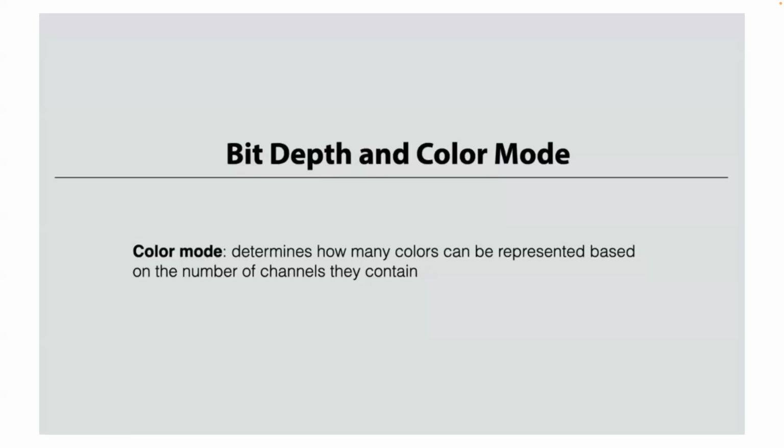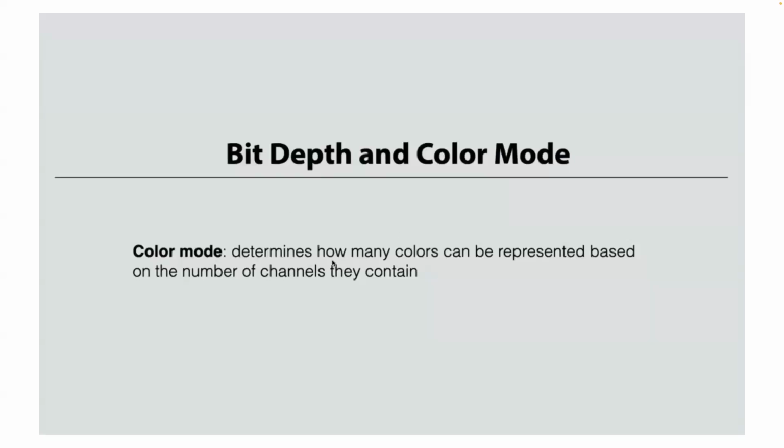There is 32-bit too. 16-bit, okay, if 8-bit gives you 256 shades, 16-bit gives you 65,000 shades. I said all of the colors in existence. That's not actually physically possible.